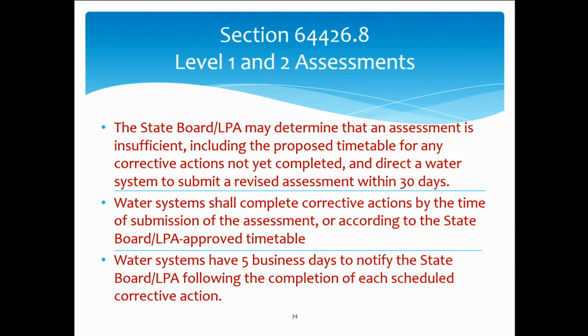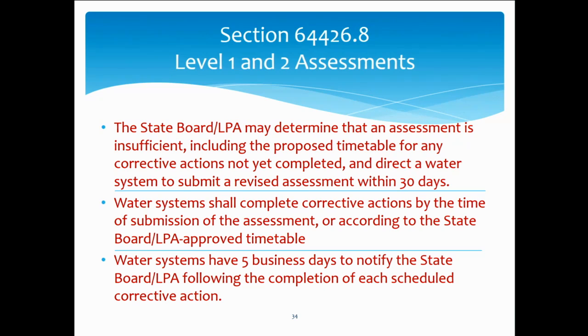Now, I went over this also, that if you can't get it done, the law will allow another 30 days if we find that it's not adequate. The law indicates that you're supposed to complete the corrective actions within that 30-day period. Again, from a practical standpoint, that's not going to happen all the time.